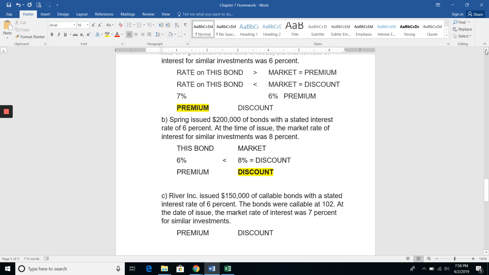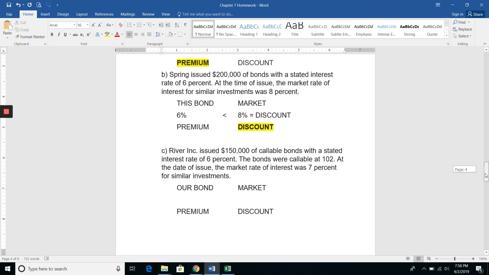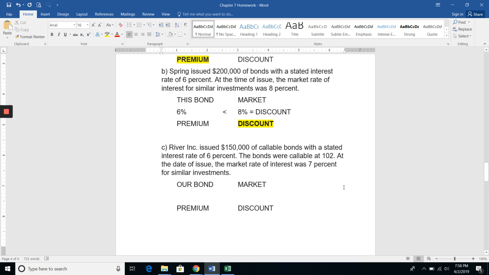Okay, let's take a look at our last one. This one gets a little exotic, but we're after the same idea. Our bond versus the market. River issued 150,000 of callable bonds with a stated interest rate of 6%.